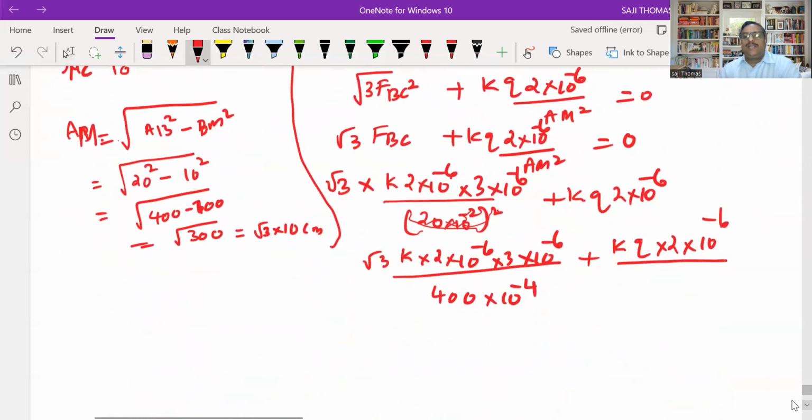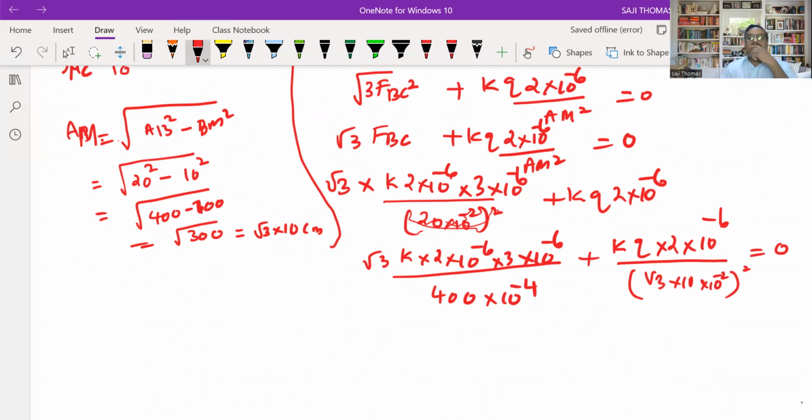So root 3 into 10, the whole square. But this you have to convert into centimeter also. Root 3 into 10 into 10 raised to minus 2, the whole square equals 0.